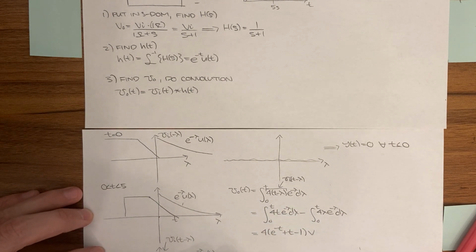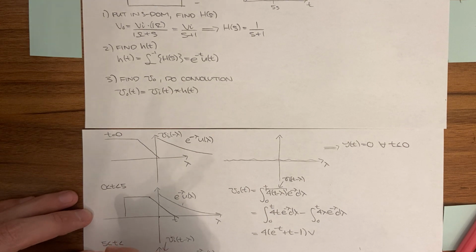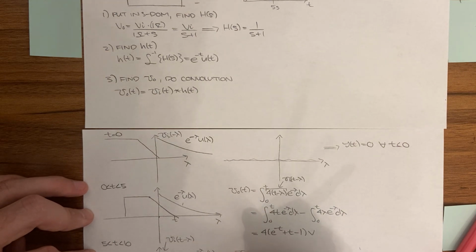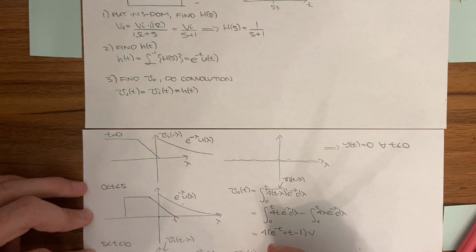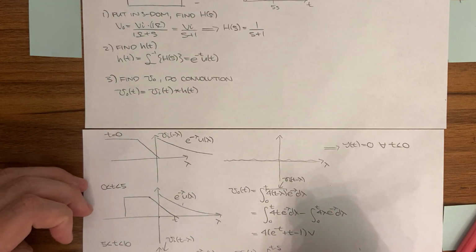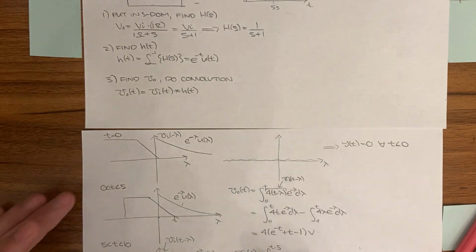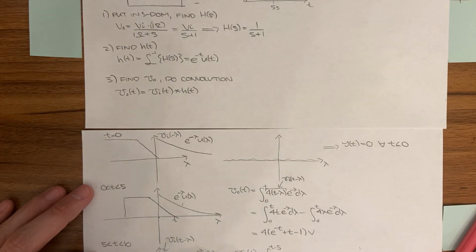We notice that this is valid from, there's not much change from 5 to 10. So we can say the output voltage is equal to an integral from 0 to t minus 5. Because what we're doing right here, we're going to be integrating for the whole thing, from here to t, but we have to do it piecewise.